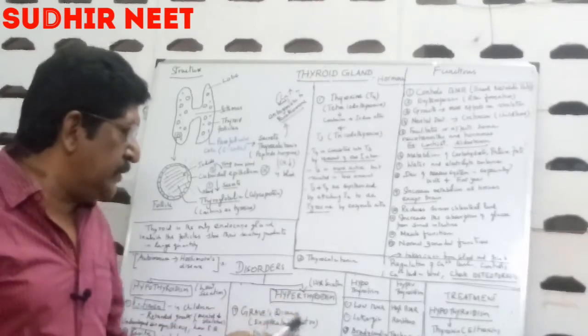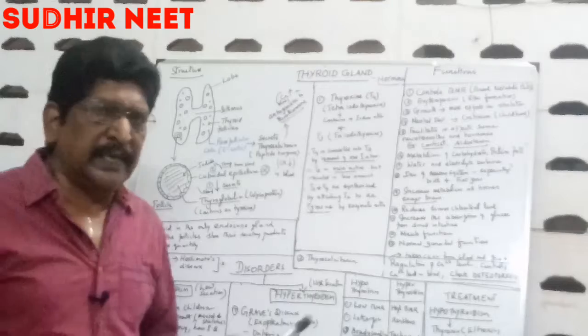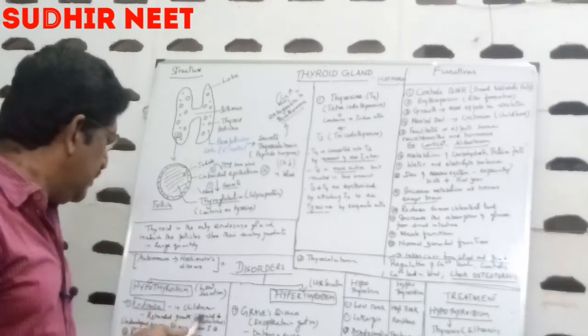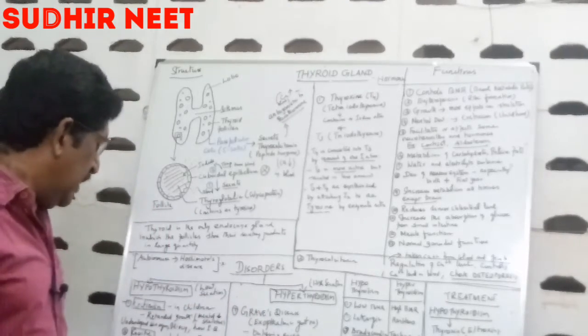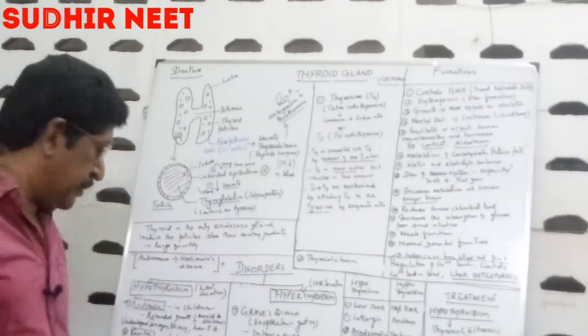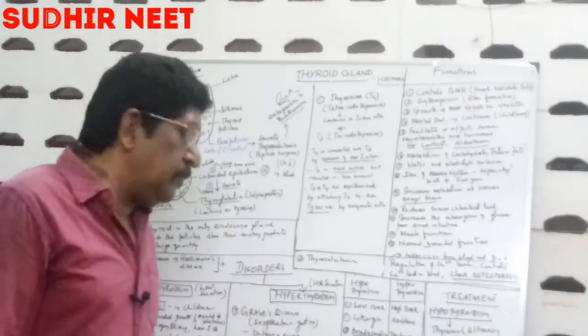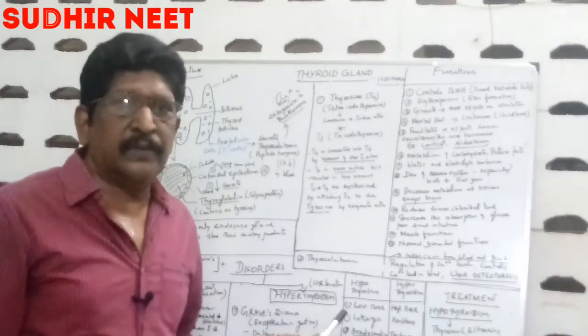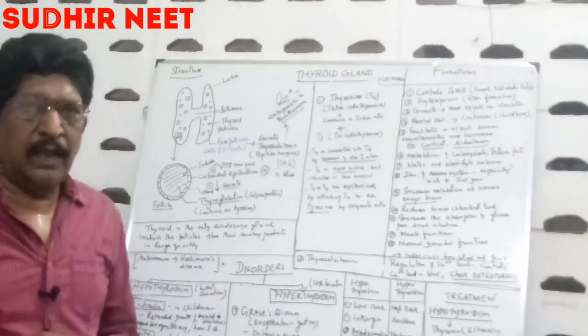That is hyperthyroidism. This is hypothyroidism and hyperthyroidism. Hypothyroidism: cretinism in children, goiter in both, myxedema in adults, irregular menstrual cycle in females, and defective child during pregnancy. Whereas in hyperthyroidism, you get Graves' disease, protruding eyes, exophthalmic goiter.